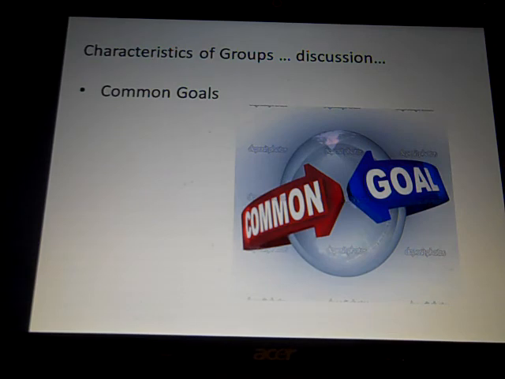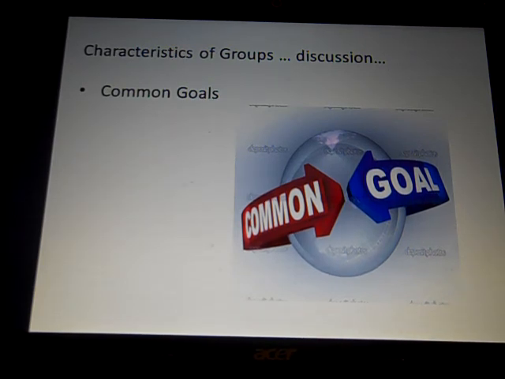You may not know everybody in the group. You may be acquainted with some, and you may know a few people really well, or a lot of people really well in your classroom. But you do have a common goal. Your common goal is to hopefully pass the course, and hopefully to get something meaningful out of the course. And probably part of this goal is also to acquire a college credit.